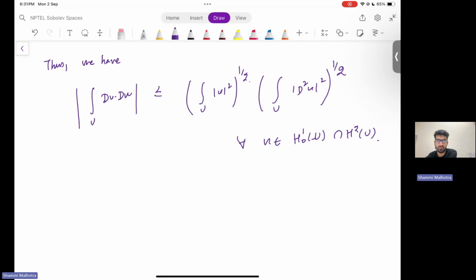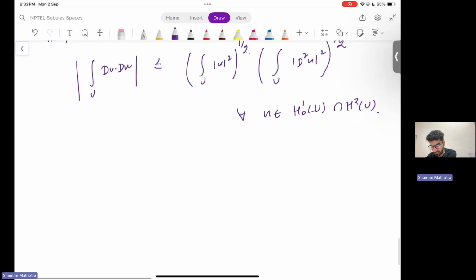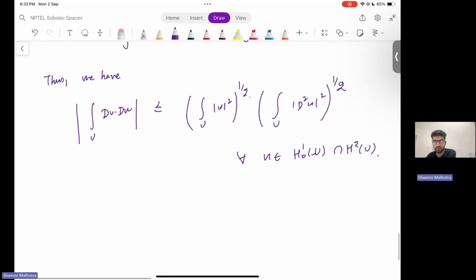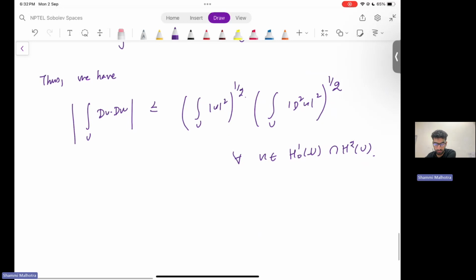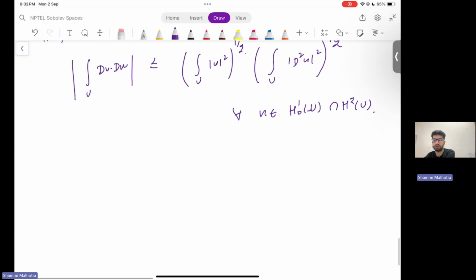So in this H2 intersection H01, we can have this norm of this form. What we have done is for the H0 or the Hilbert space. We can have one more type of inequality for the general Sobolev space when my exponent is a general p.